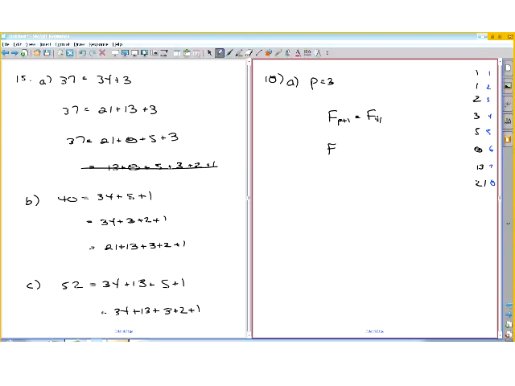So we're looking at here is f sub p plus 1 is f4, p minus 1 would be equal to f2, and f4 is equal to 3, and f2 is equal to 1. Okay, so what does it say? It says, this is 18, for any prime number p except 2 or 5, either f sub p plus 1 or f sub p minus 1 is divisible by p.